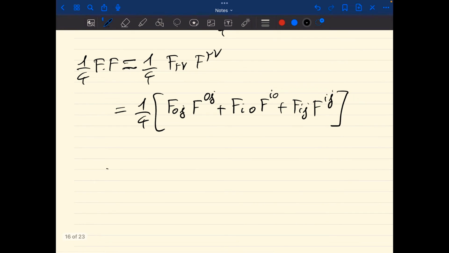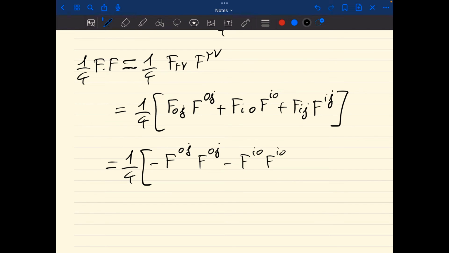So let's compute that. That's 1/4. Now, if I only use top indexes, the first term will get a minus sign because the zero component does not get a minus sign, but the other one does, according to the convention used in the textbook. And the same here, so that's F^{i0}F^{0i}. Let me write fully top indexes.